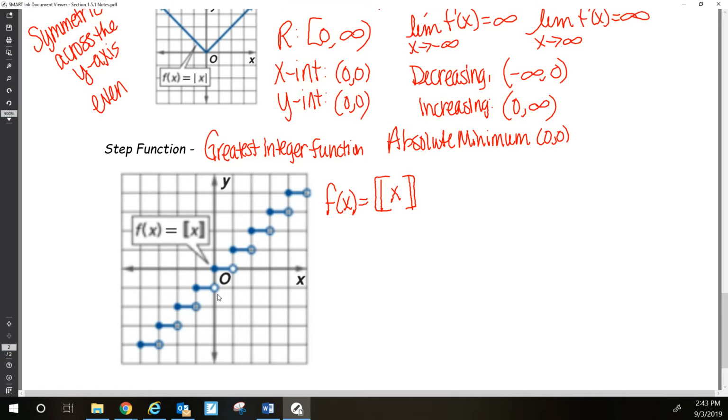I should probably write a definition just so that we've got it nice and clear. The greatest integer function is defined as the greatest integer less than or equal to x.